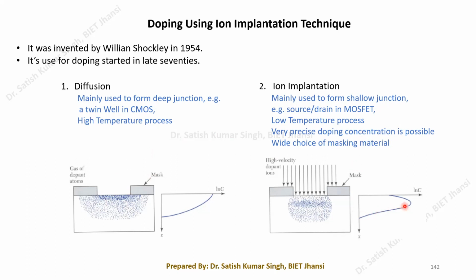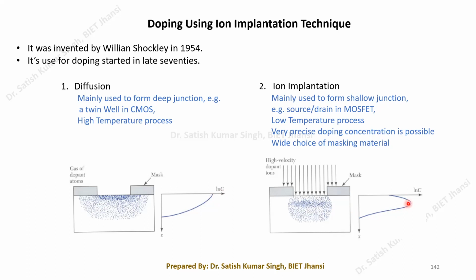This particular doping profile I have already explained: in the case of diffusion, you will find the maximum concentration at the surface of your wafer. But in the case of ion implantation, the concentration of the dopant material will not be high at the surface but somewhere else.